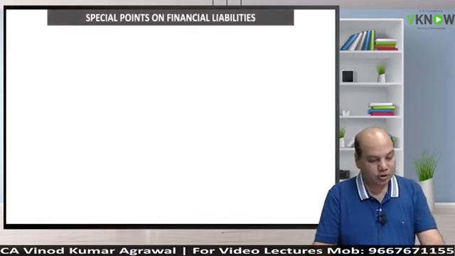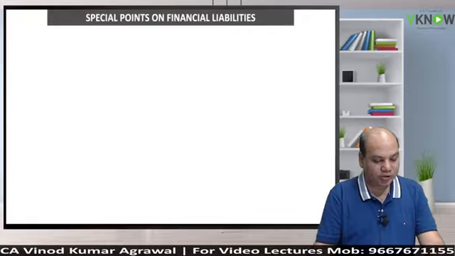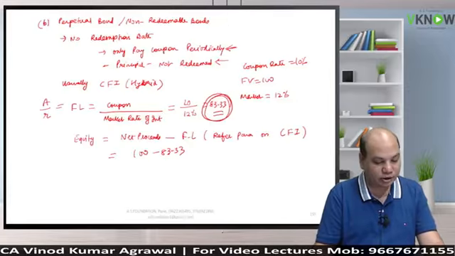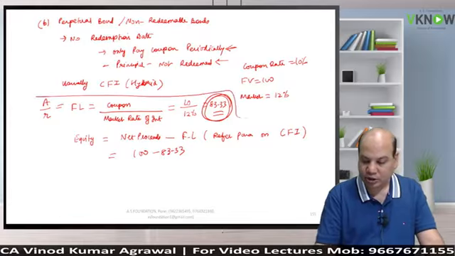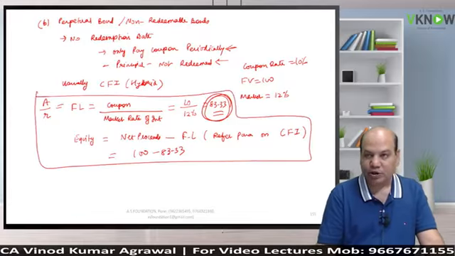Understood? Financial liability is arising due to the interest obligation. The market rate of interest is identified for calculation of the financial liability, like I did this, and then split accounting is applied. This is called split accounting. 100 rupees has been split between the liability and equity.